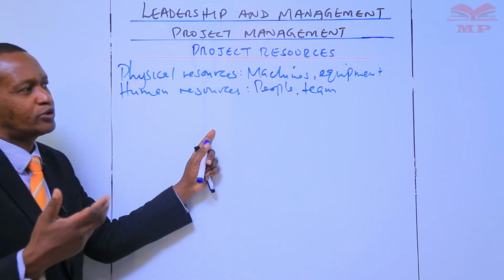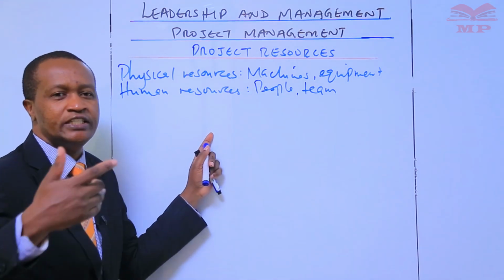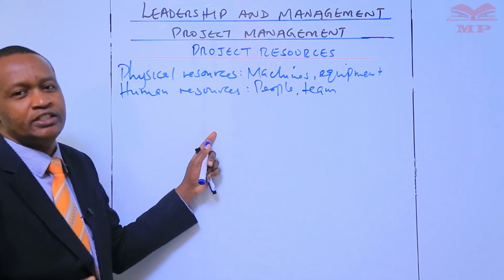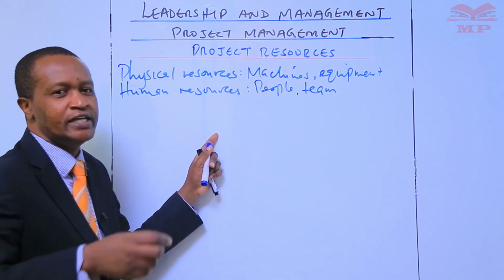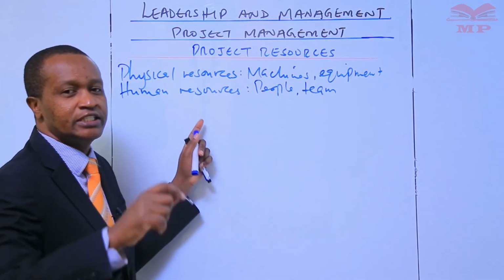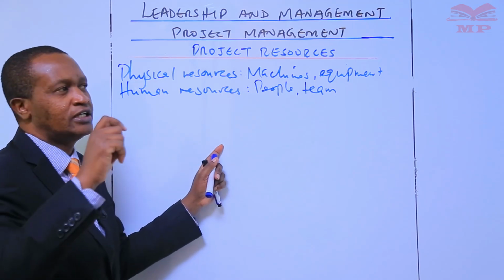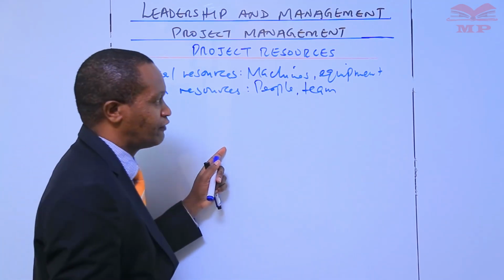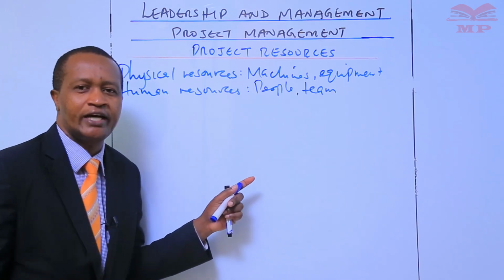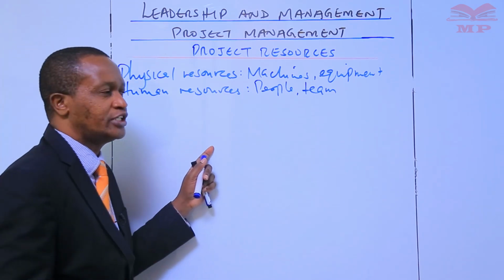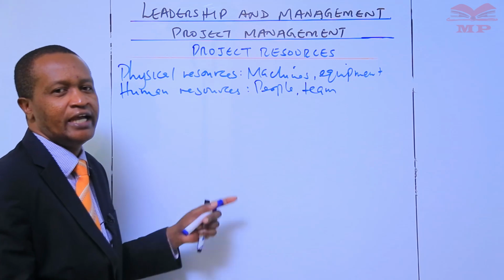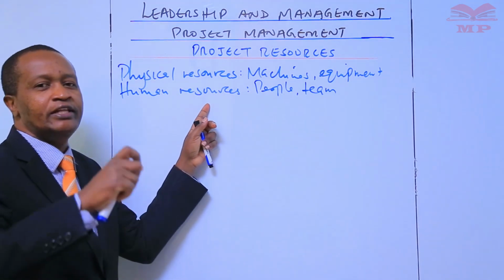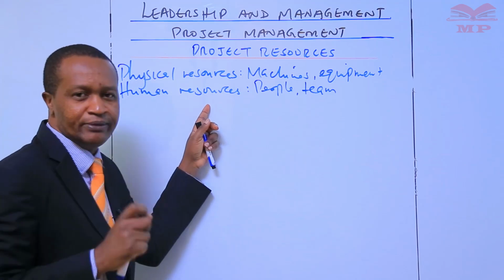The project team consists of individuals with assigned roles and responsibilities who work collectively to achieve a shared project goal. The project manager should invest suitable effort in acquiring, managing, motivating, and empowering the human resource, the people, the team.